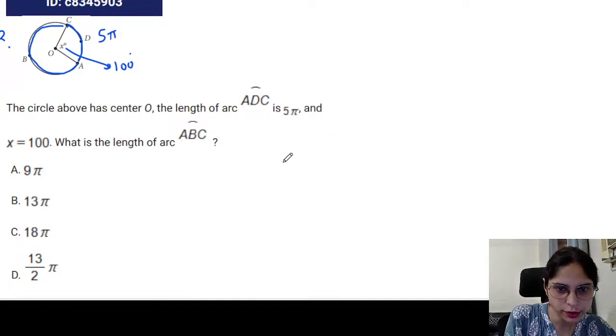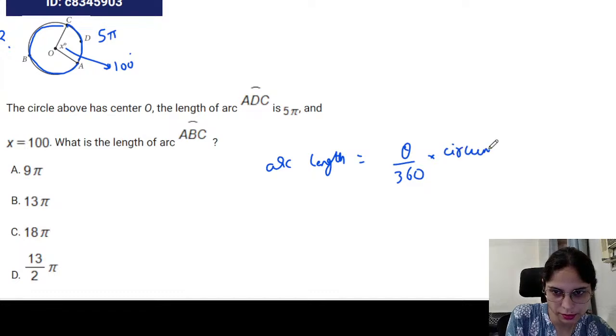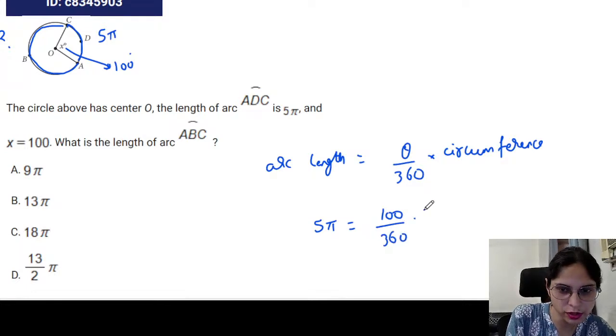And now I've told you that arc length is equal to theta over 360 times circumference. In this particular question, arc length is 5 pi. Theta is 100 degrees, over 360 times circumference. We do not know the circumference, let's call it x.